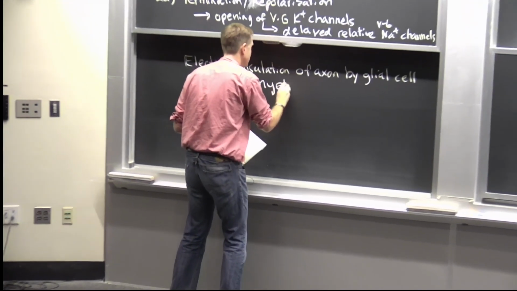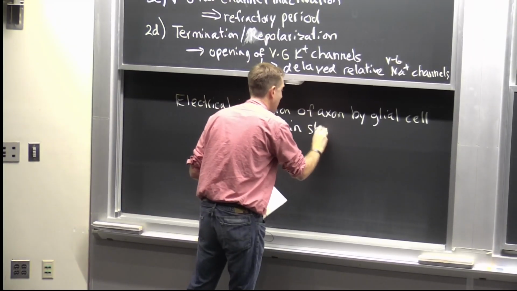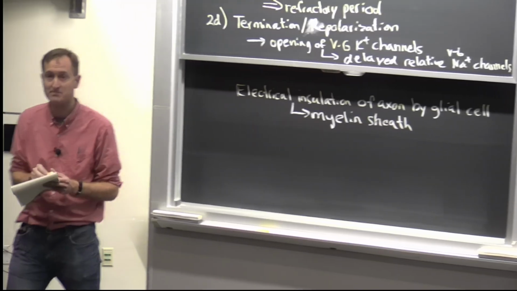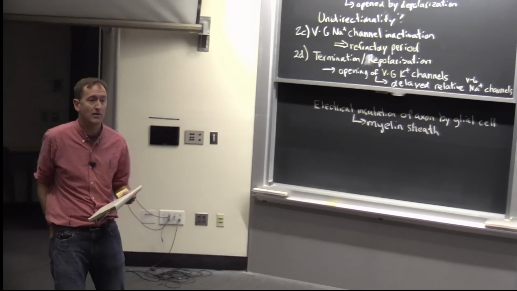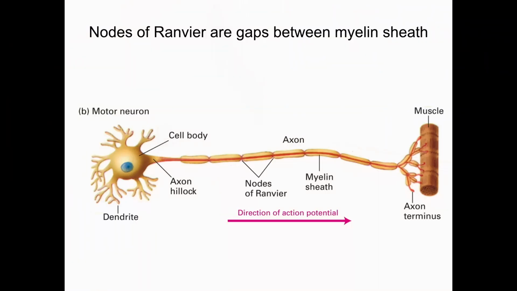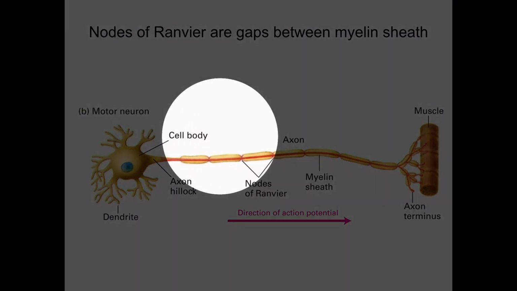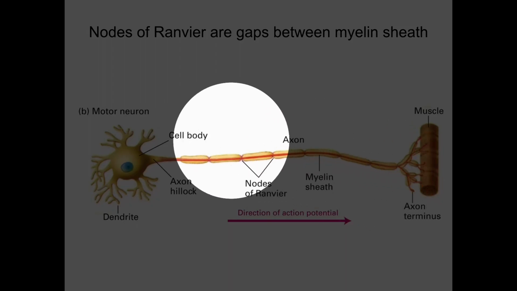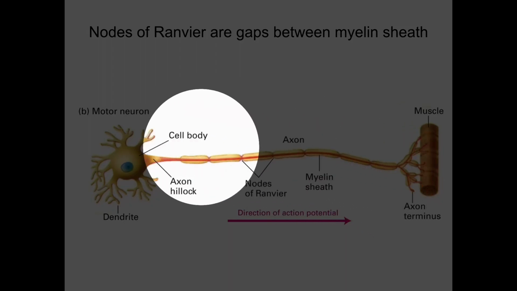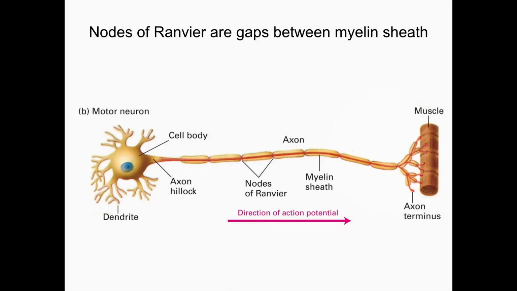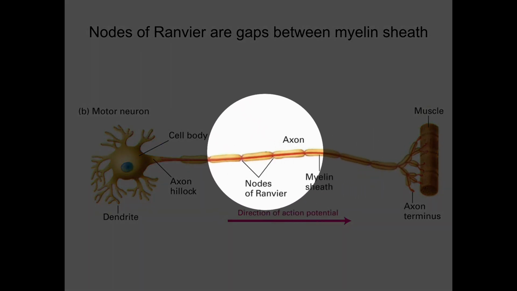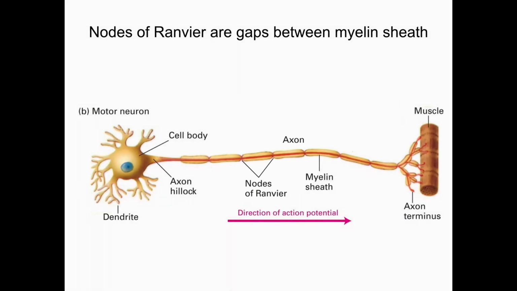So they form a myelin sheath around the axons, and that insulates the plasma membrane of the axon. So here's an axon. You have glial cells sort of wrapped around, and it sort of forms like beads on a string. And so there are these gaps between the myelin sheath that are known as the nodes of Ranvier.